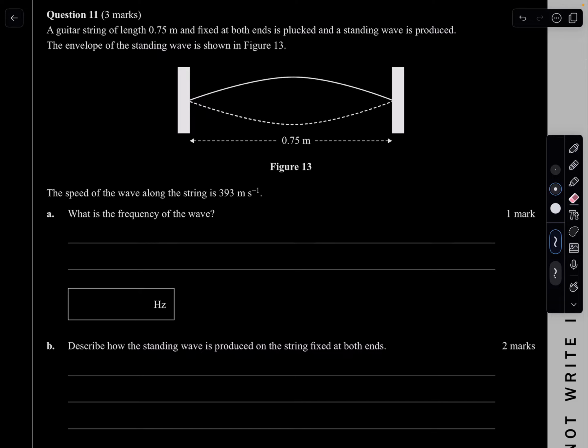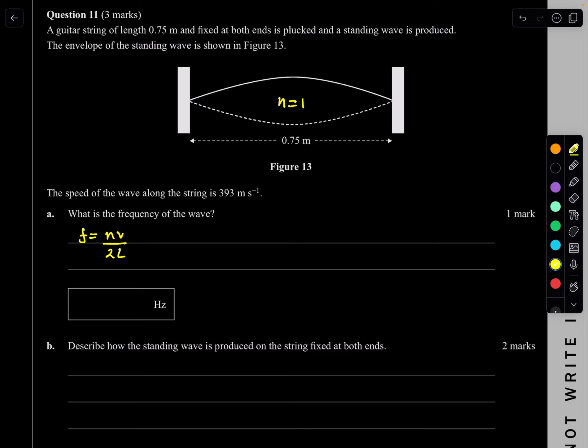Let's look at the frequency formula for fixed at both ends. Frequency is nv over 2L. Now, this is your fundamental harmonic, so n equals 1. Straight away we can see that.